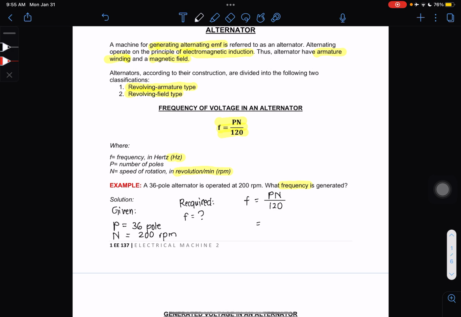So our P is 36, our N is 200 RPM, divided by 120. So our final answer will be 60 Hertz. So this is our final answer.